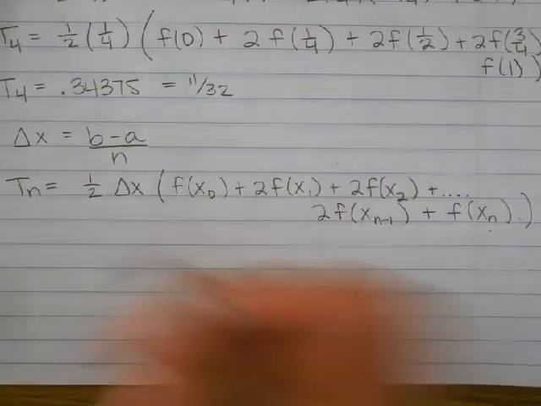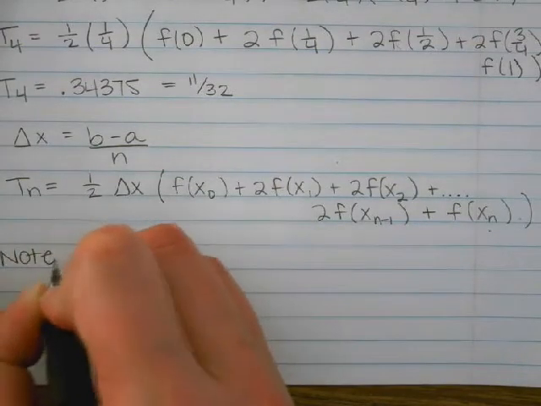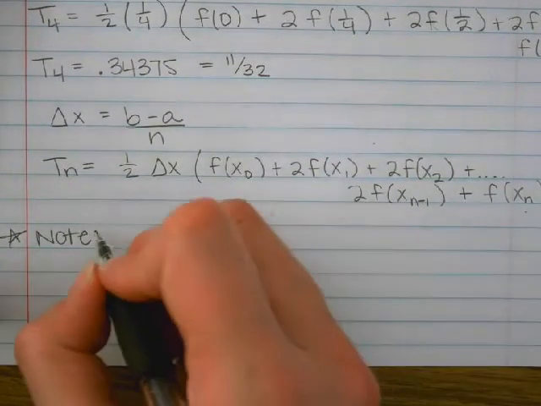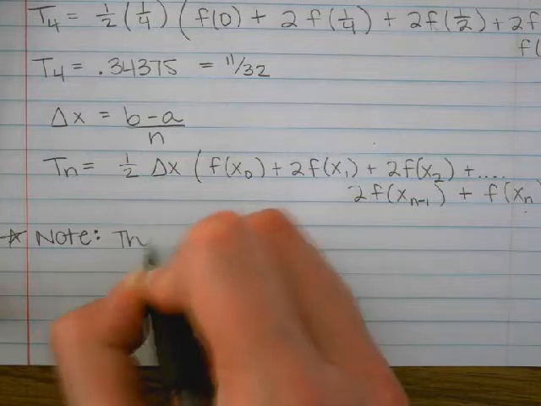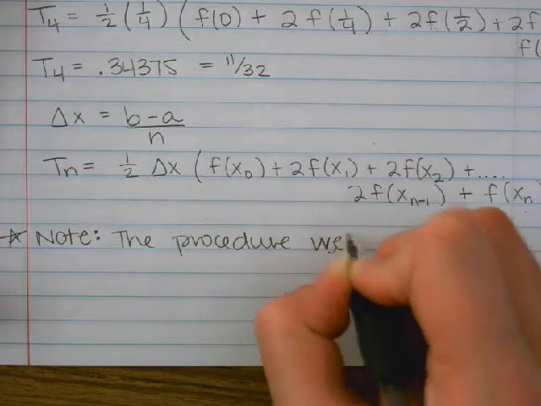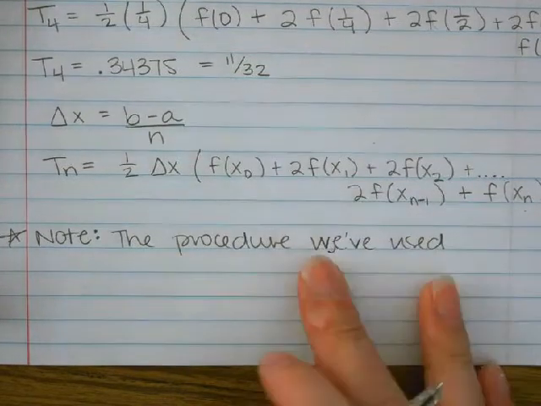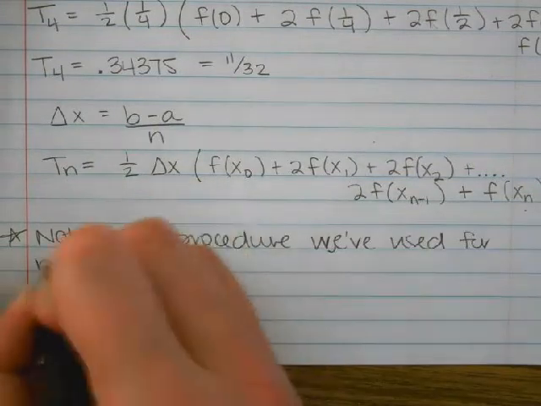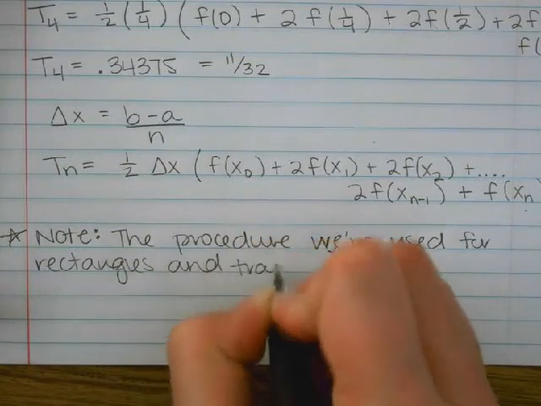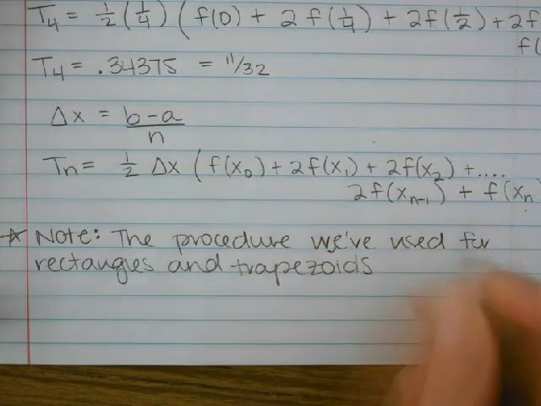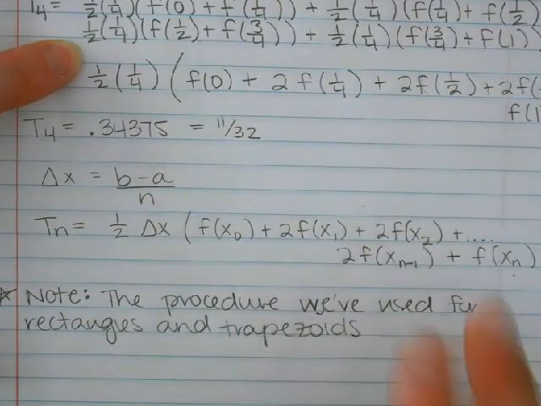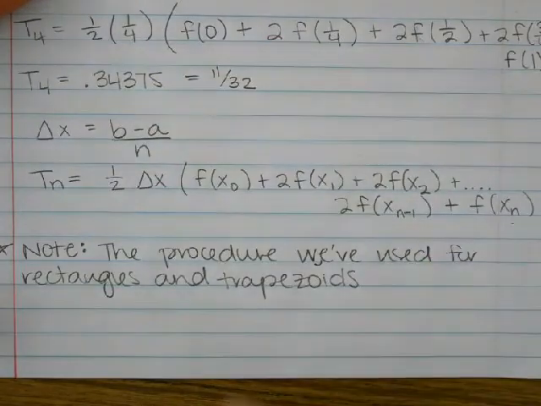Right. So one thing to note, and this is very important, is that this procedure for rectangles and trapezoids, the procedure we've used, and by the procedure we've used, I mean this shorthanding it and putting it all in parentheses and adding a bunch of things repeatedly and using the limit notation and all of that stuff that we've done.